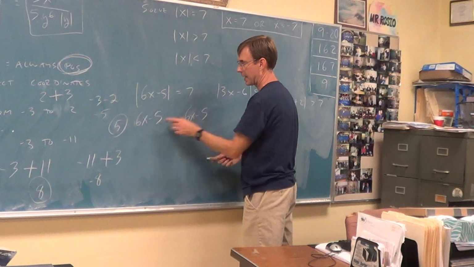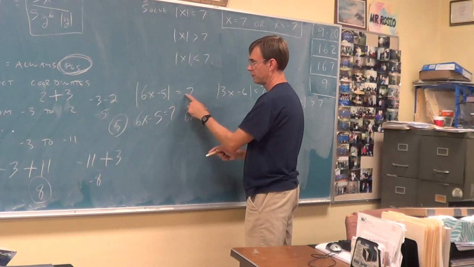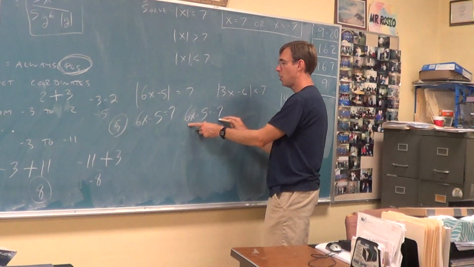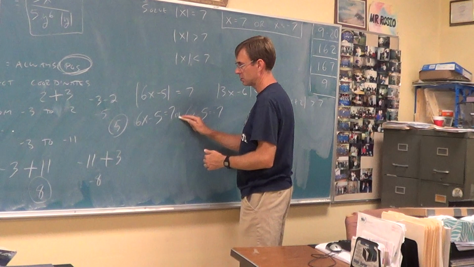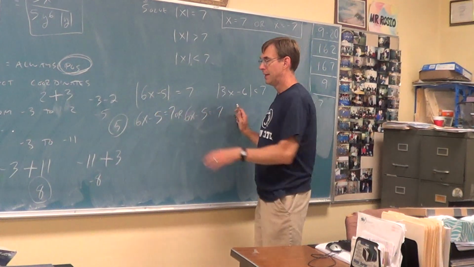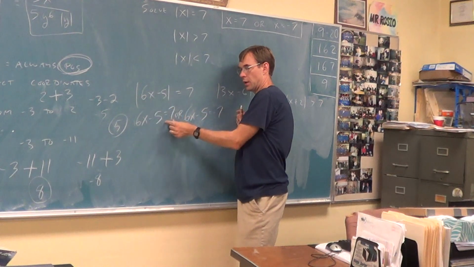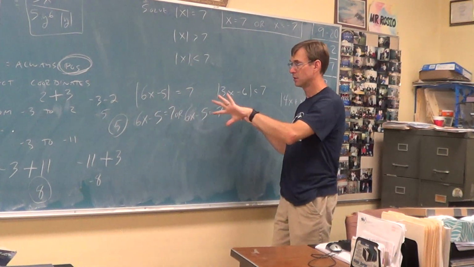Copy this exactly as it is. This thing could equal 7. This same thing could also equal negative 7. These are both completely accurate answers. I'll just throw the word or in there. We can do one or the other. If there's a 7 in here, we're going to win. If there's a negative 7 in there, the bars would make it a 7. So it's double answer time.